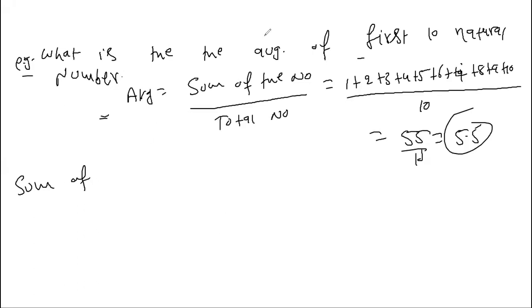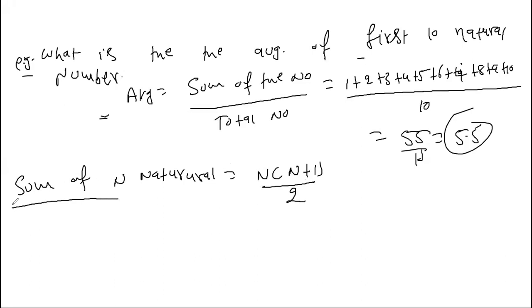Sum of n natural numbers will be equal to n into n plus 1 divided by 2. Remember this formula. Sum of the n natural numbers: n into n plus 1 divided by 2.